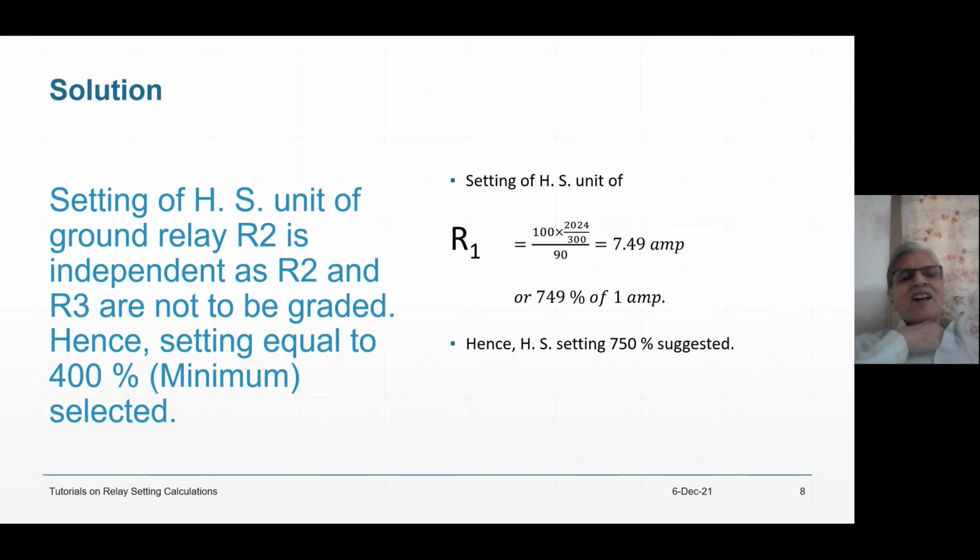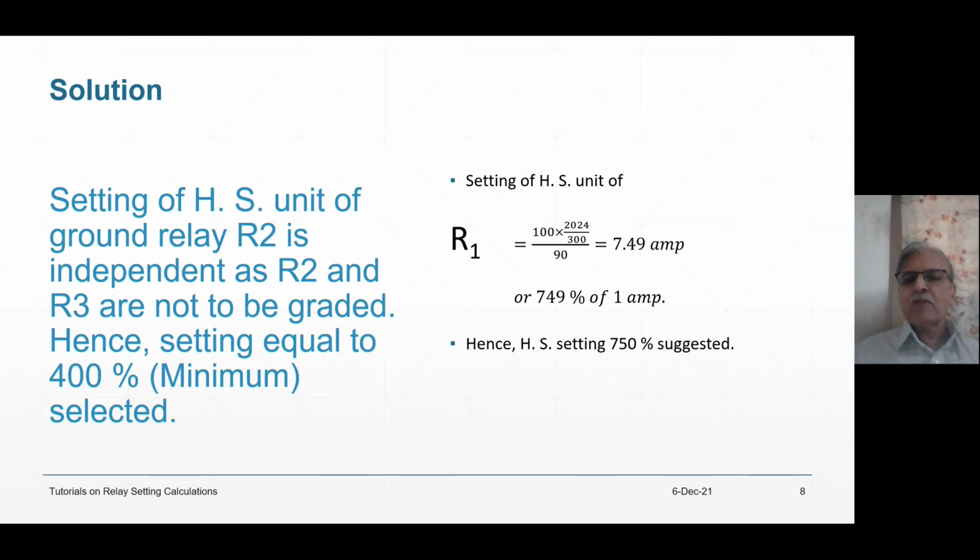R2, I have not to find out specially because R2 and R3 are independent once again. Therefore, for R2 ISET setting I consider minimum, because the setting range for the ISET unit is usually 400 to 2000% in steps of say 50%. So I consider minimum 400% for R2.